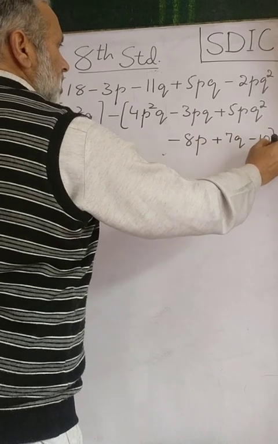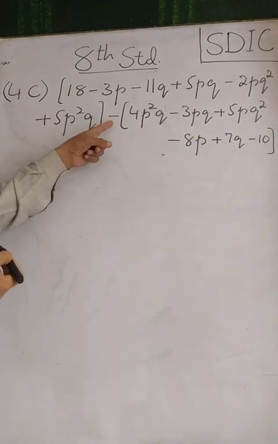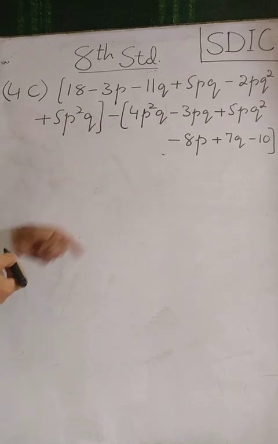We close the second bracket also. These two expressions we have to subtract, so we have a subtraction sign between the two brackets.